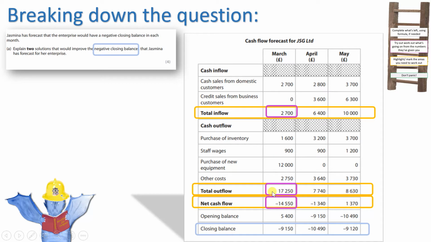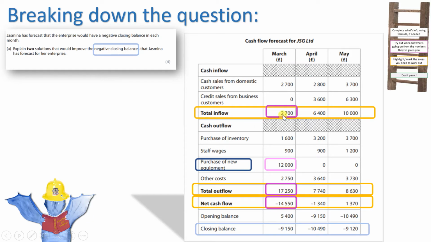Sticking with March then, let's look down the line and look at what Jasmina spent a load of money on in March, and then we can find that she spent £12,000 on new equipment. Right, we can see that £12,000 was a substantial purchase in March, which she clearly didn't have the income to pay for.